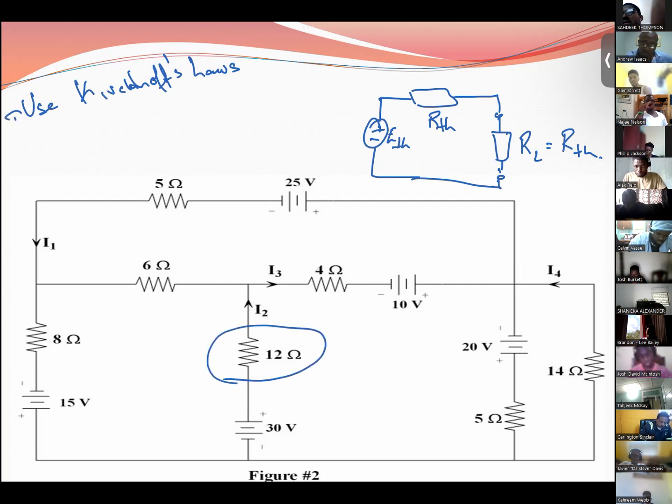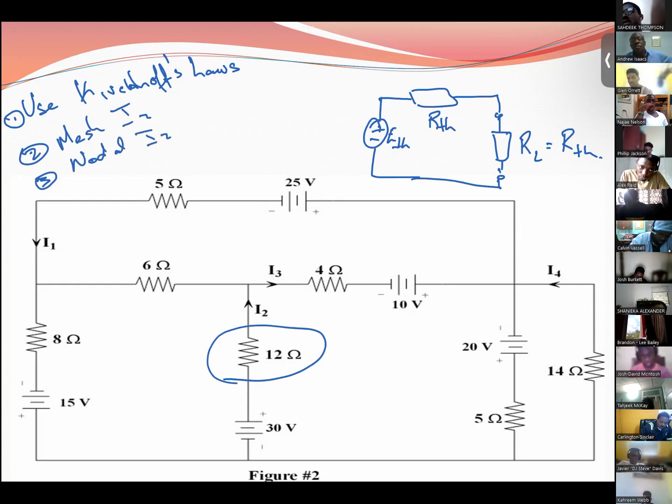So that's 1, you're going to use Kirchhoff's laws. 2, you're going to use mesh and find I2. 3, you're going to use nodal and find I2. And 4thly, you're going to use Thevenin and find I2. So those are the 4 methods I wanted to use in finding that current.